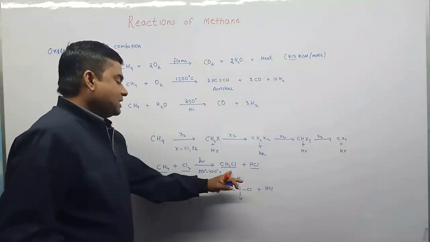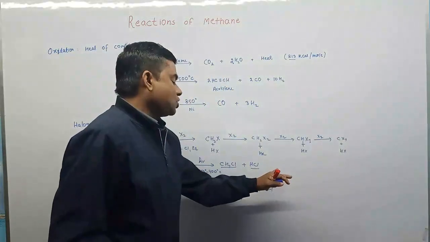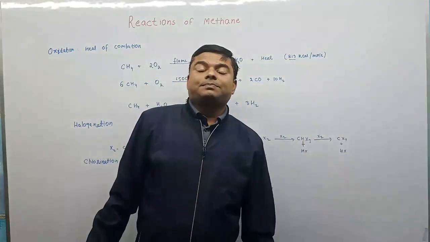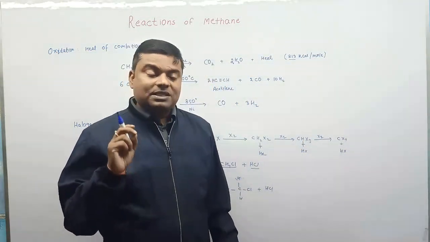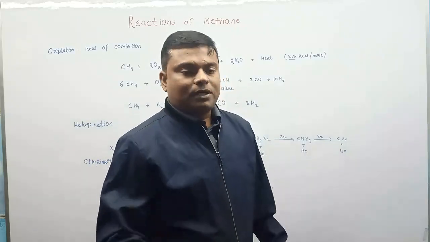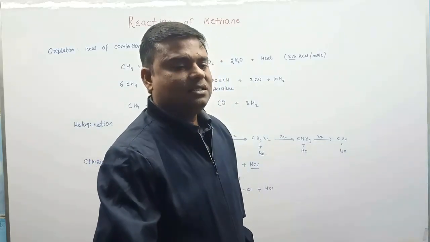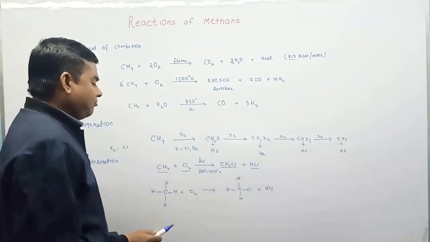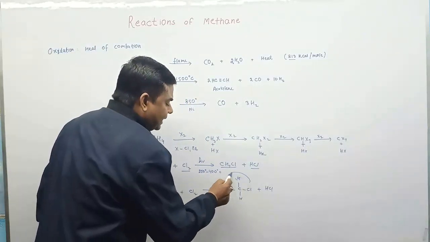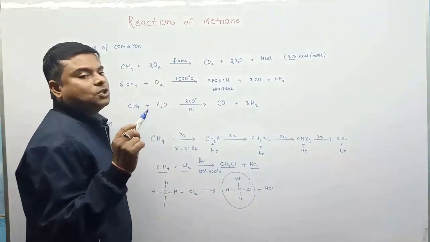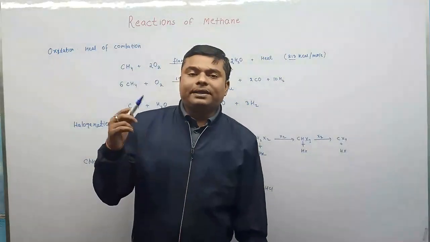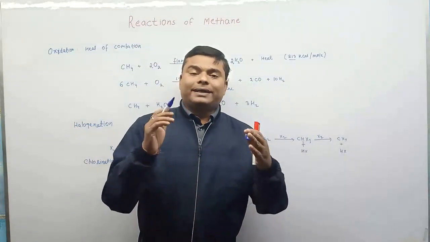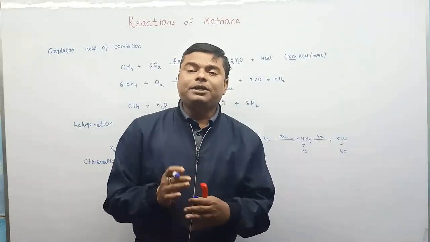In the first step we get CH3Cl, in the second step CH2Cl2, in the third step CHCl3, and in the last step CCl4, that is carbon tetrachloride. Such a type of reaction is chlorination. Then how we can obtain the major product, CHCl3, is controlled chlorination. In the next topic we will discuss in detail how chlorination can be controlled.